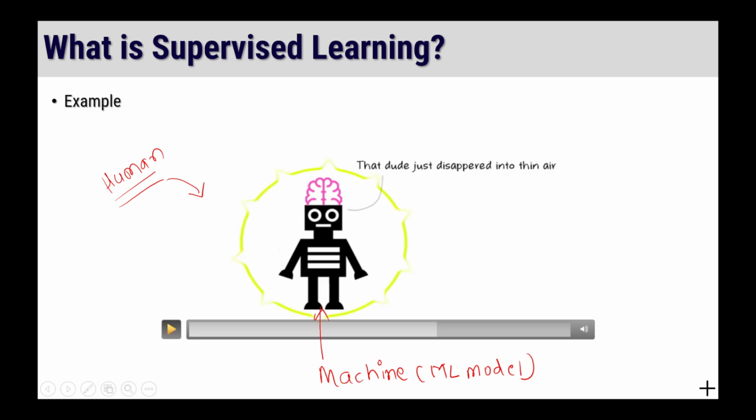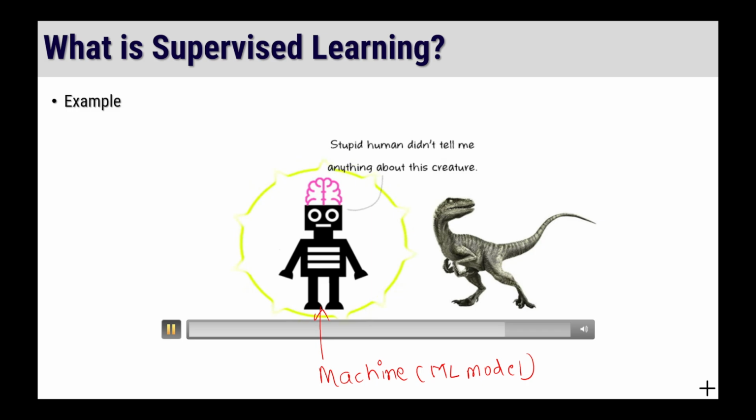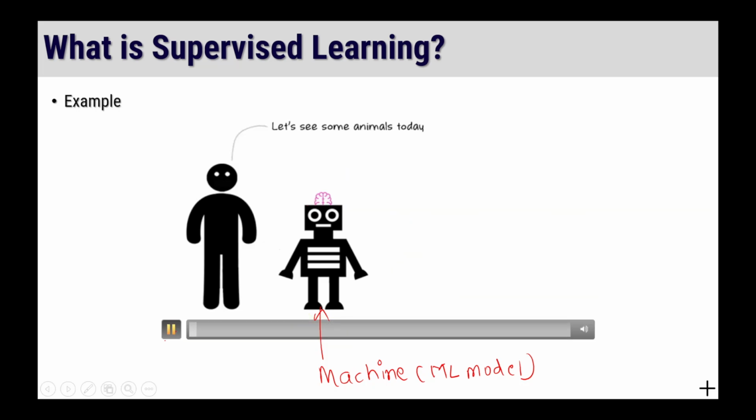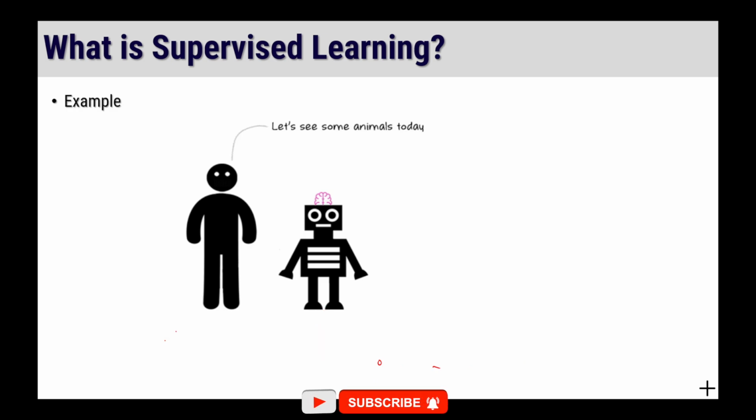Now, one fine day, the human just disappears. I hope now you understand what is supervised machine learning. But let's look at one more example to make it even more clear.